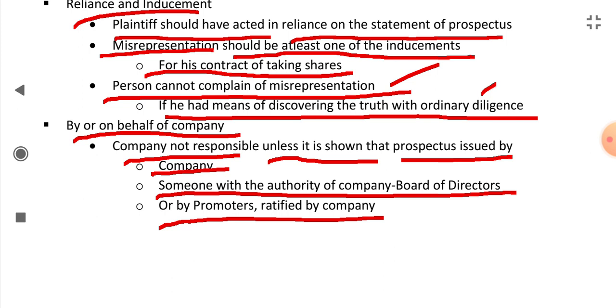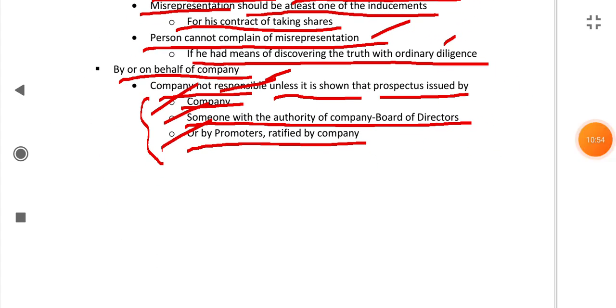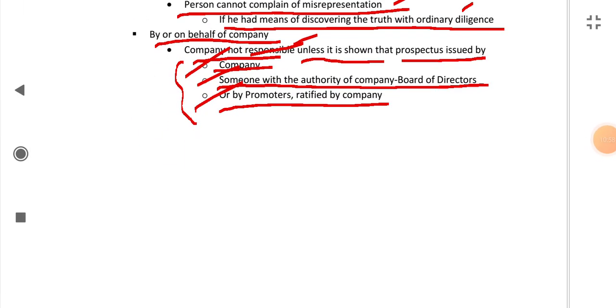Company is responsible if the prospectus is issued by the company or someone with the authority of the company, or by the promoters ratified by the company. If the prospectus is issued like this, then only the company is responsible. If it is issued by anyone else, then the company is not responsible. So this was all on the prospectus.